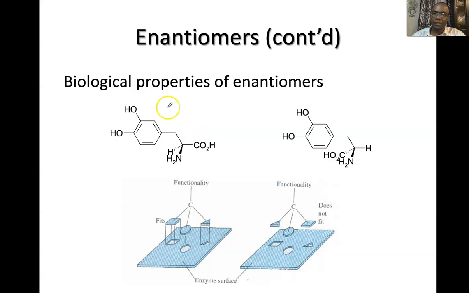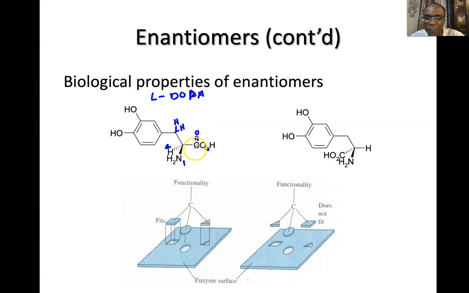Now, going back to L-Dopa, let's assign R and S. So hydrogen will get priority 4, it's the smallest. Of course, nitrogen will win because it has a high atomic number around this carbon, so it gets 1. And then this carbon has a carbonyl, so it's bonded to 2 oxygens, but this one is bonded to hydrogens.